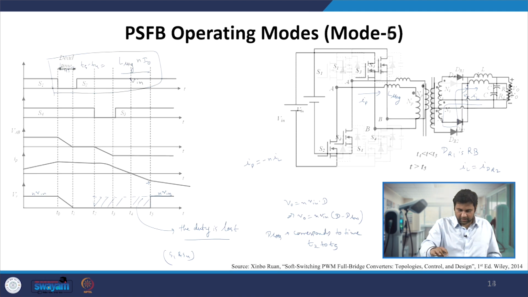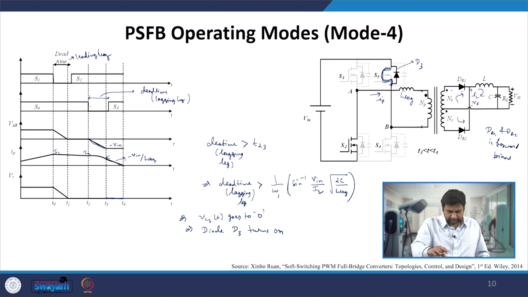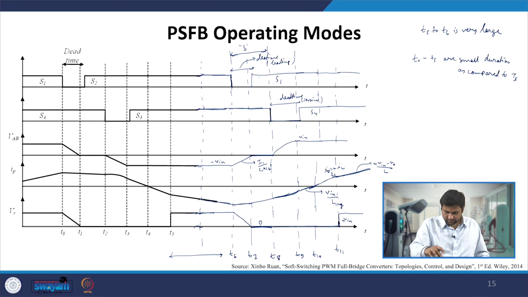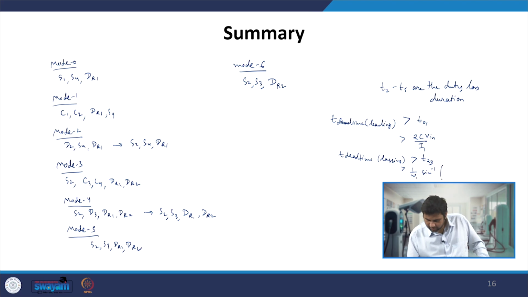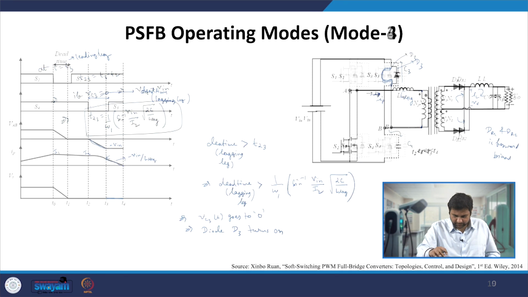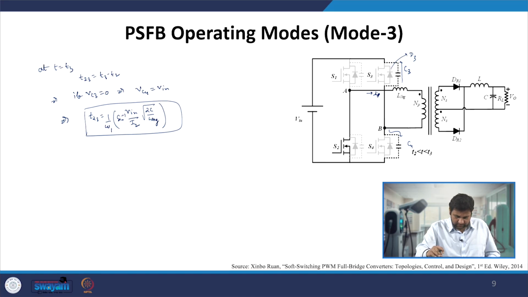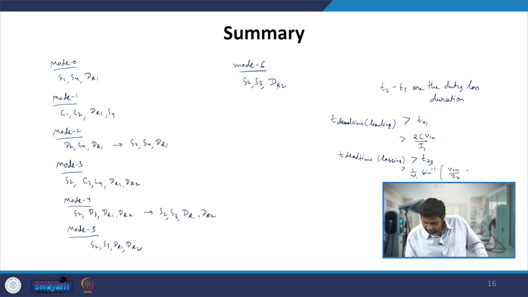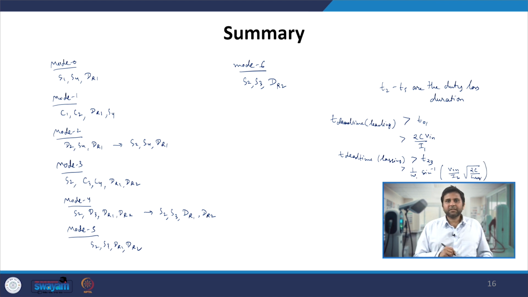If we recall this one, omega 1 sine inverse V_in by I2, with C by L leakage. This is the term we have.